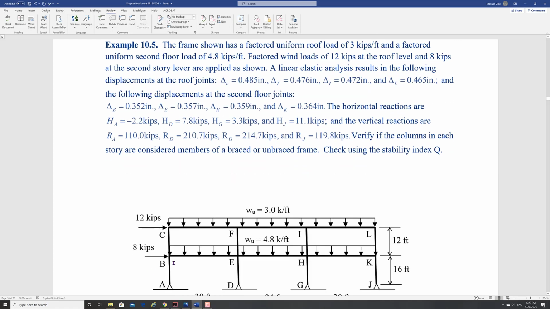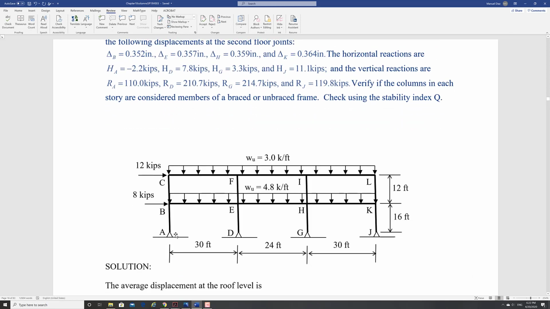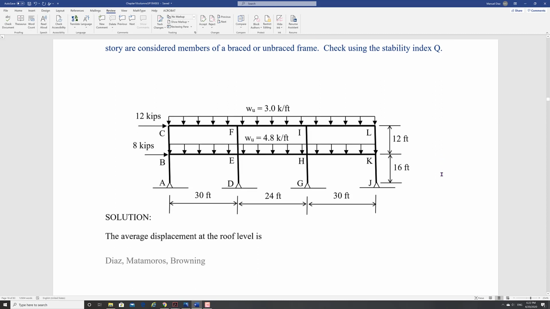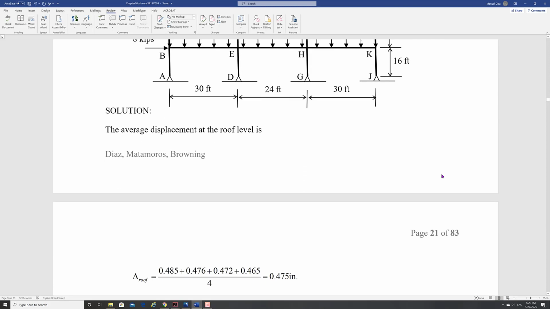Then you find the displacements at the other level, so that's your B, your E, H, and K. You find the horizontal reactions, H, negative 2.2, 7, 8, 3.3, 11. And then you have your vertical reactions in there. Okay. So we're going to then find the Q value.